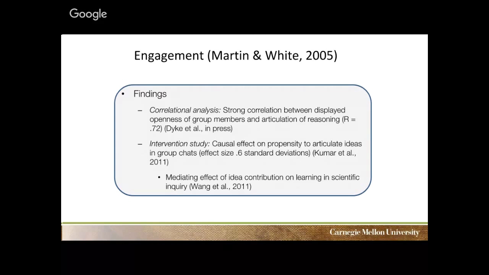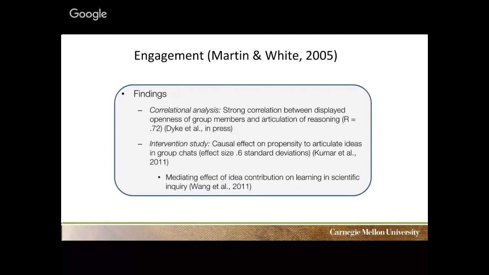So sometimes people get confused between showing openness and being positive towards another view. You can show openness without being positive towards another view, but what we find is that just showing openness, regardless of whether you are showing it in a way that offers agreement or not, opens up space for other people to share.